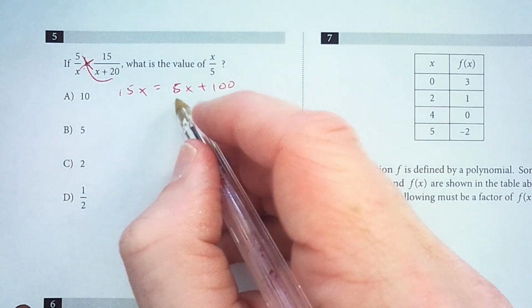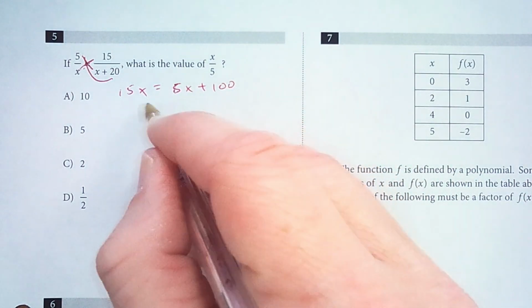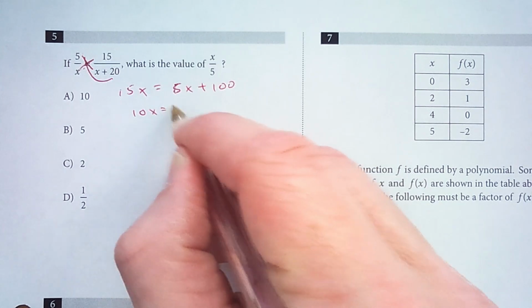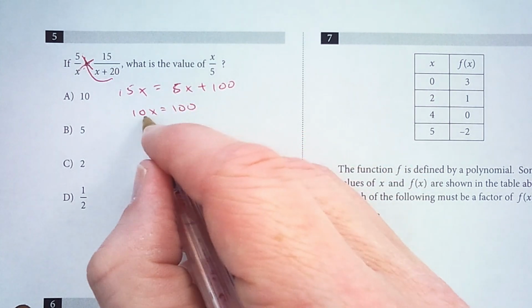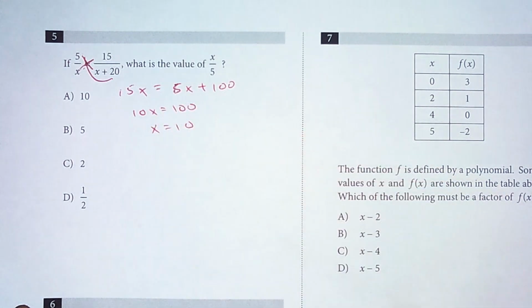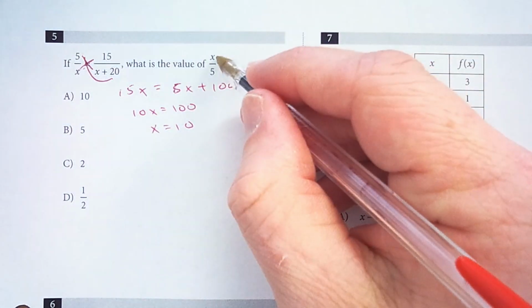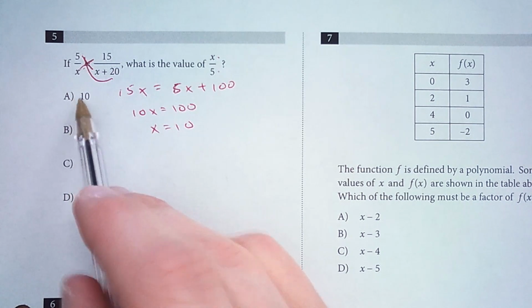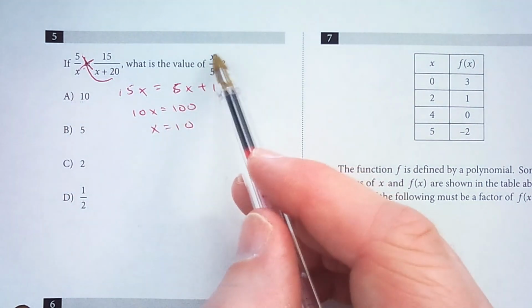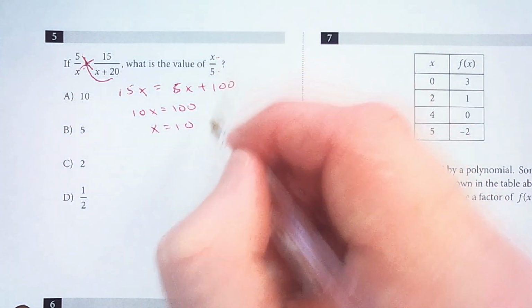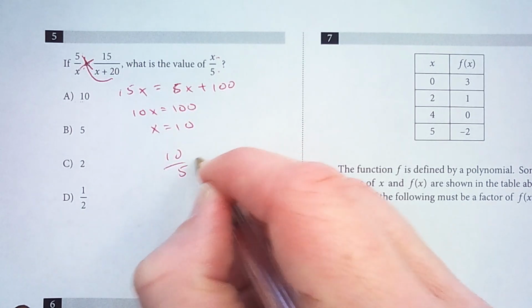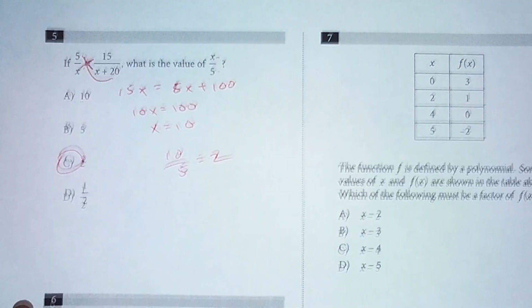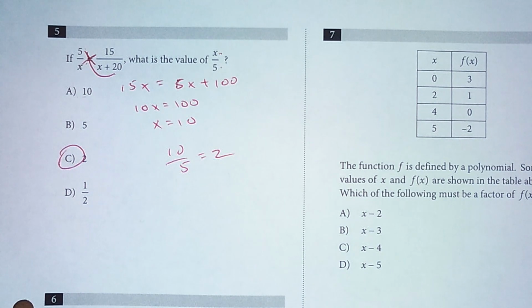Then I can subtract 5x from both sides and get 10x equals 100, and divide by 10 and get x equals 10. So what is the value of x over 5? It would be really tempting to say, okay, 10, that's my answer, but it doesn't want the value of x. It wants x divided by 5, and that is 10 divided by 5, which is 2, option C.